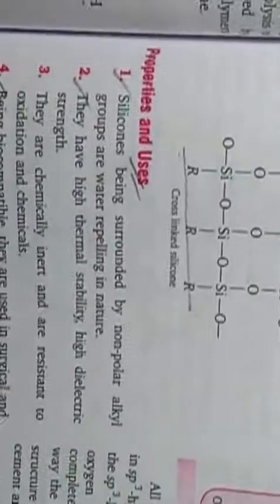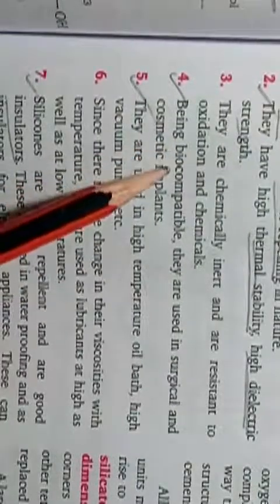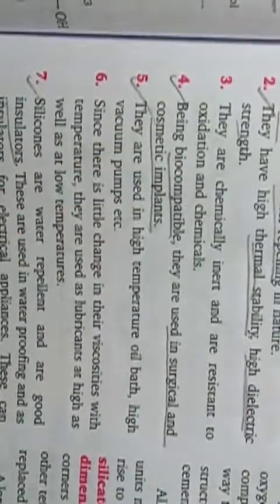Okay, students. Only the general method of preparation of silicone and its uses are in your syllabus this time. So after this we are going to discuss uses of silicones. A few common uses you can learn. First, silicones, being surrounded by non-polar alkyl groups, are water repelling. They have high thermal stability and high dielectric strength. Fourth point, being biocompatible, they are used in surgical and cosmetic implants.